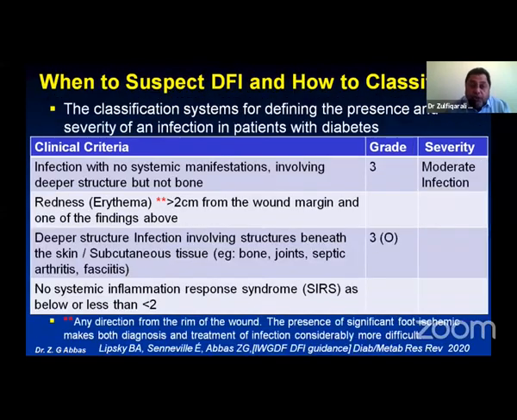When you come to grade 3 or a moderate infection, these are infections with no systemic manifestations that involve the deeper structures, but have not yet reached the bone or joint. Redness is more than 2 centimeters from the wound margin, plus one of the findings we already mentioned.